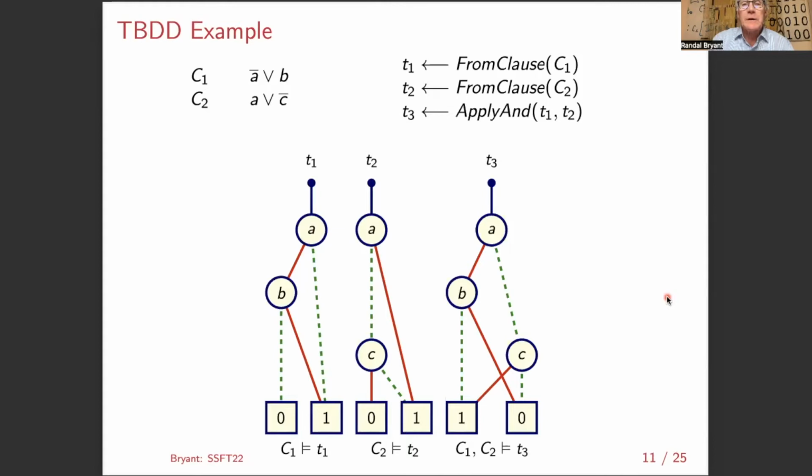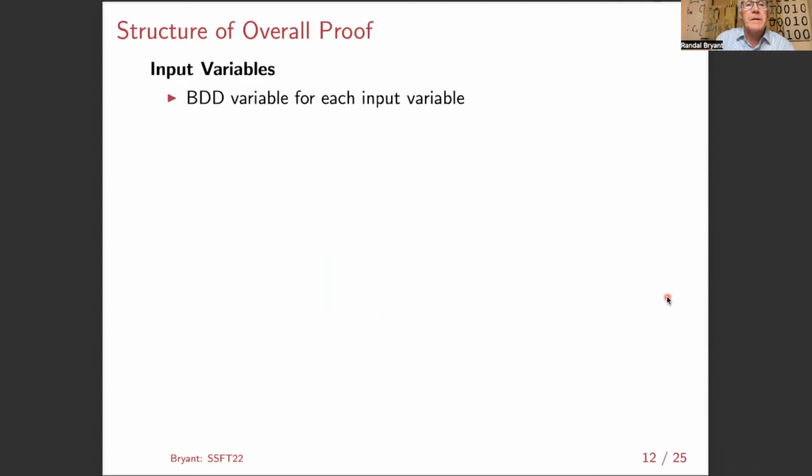And then when we do an AND operation, we'll want to be able to once again show that the conjunction of T1 and T2 yields a BDD that is a trusted BDD, a TBDD. So let's see how that all fits together.